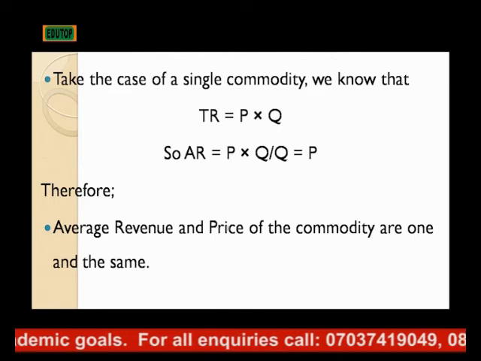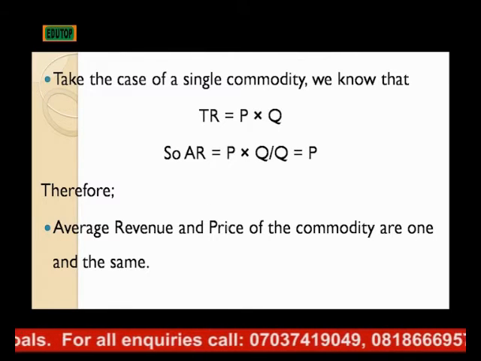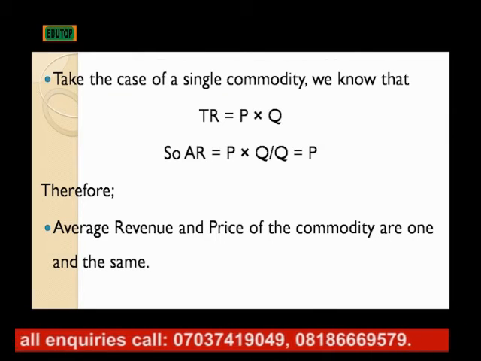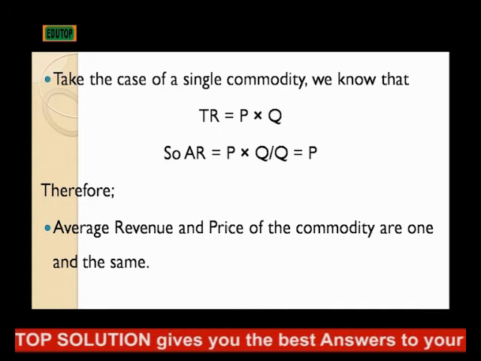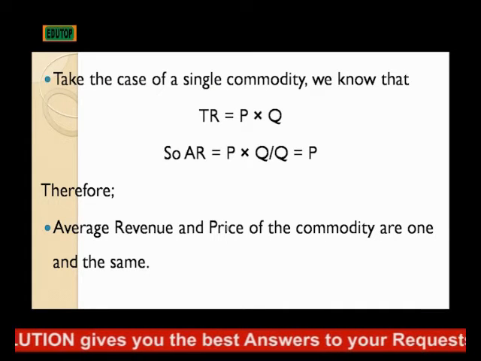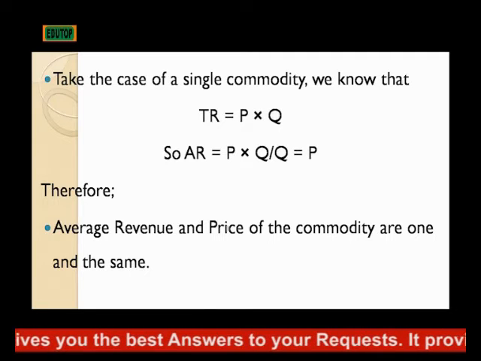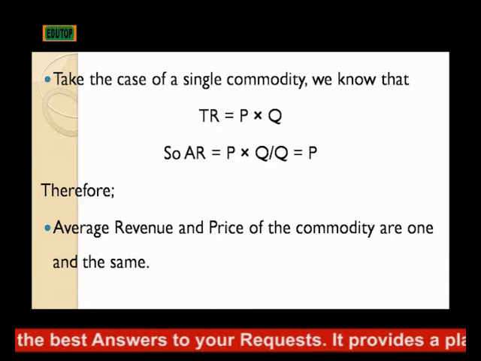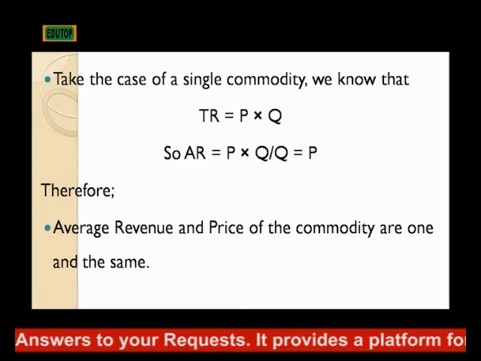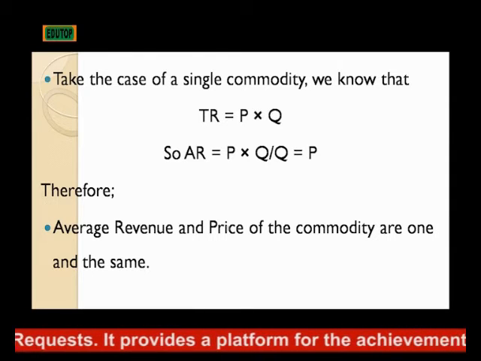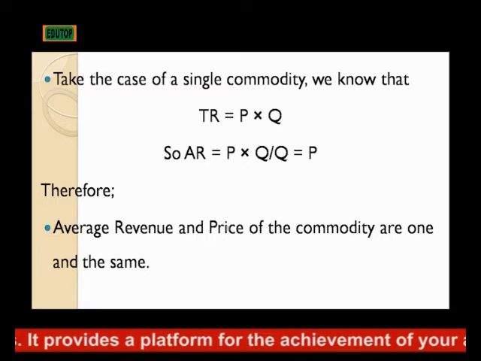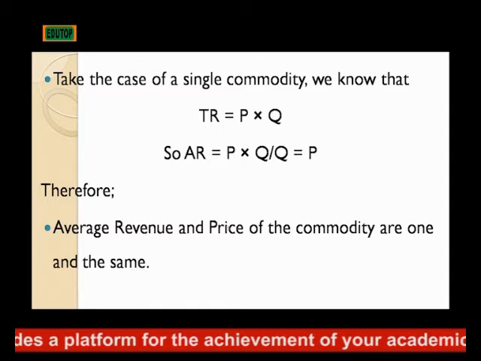Taking the case of a single commodity, we know that TR is equal to P multiplied by Q. That is, total revenue is equal to price multiplied by quantity. Then AR will be equal to P multiplied by Q divided by Q, which will give us P, because the Q up will nullify the Q down.